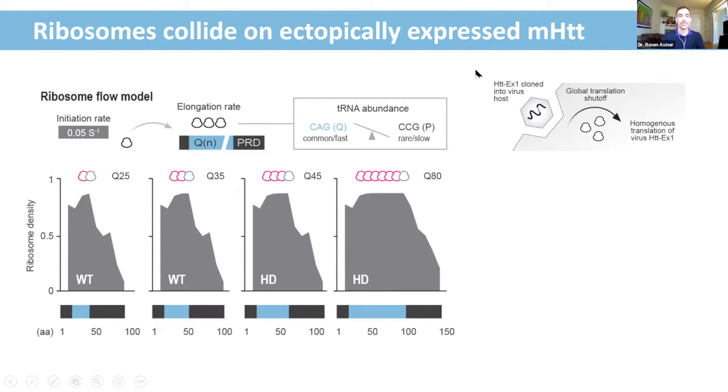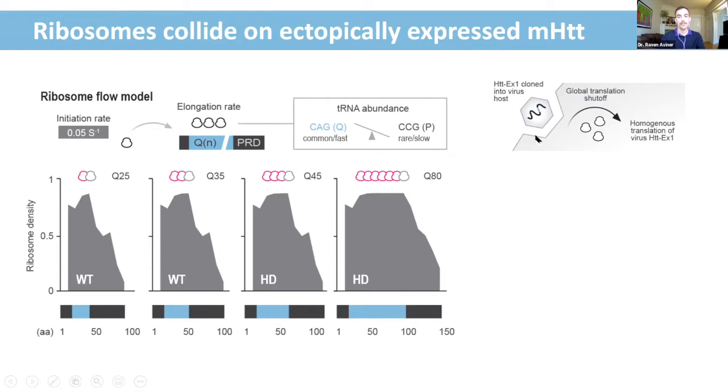To confirm this prediction, we engineered a viral display platform where either wild type or mutant HTT exon 1 was cloned into the genome of poliovirus. Within about 2 hours of infection, all ribosomes are reprogrammed to rapidly translate HTT as part of the viral genome.